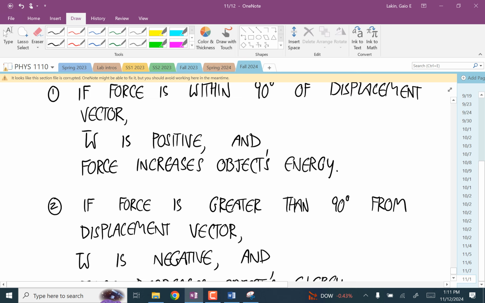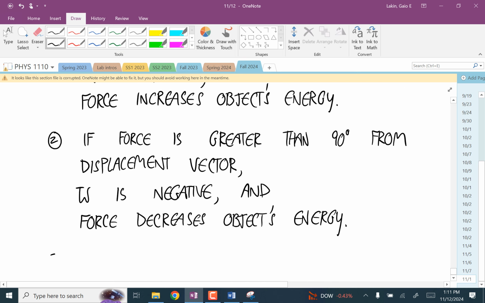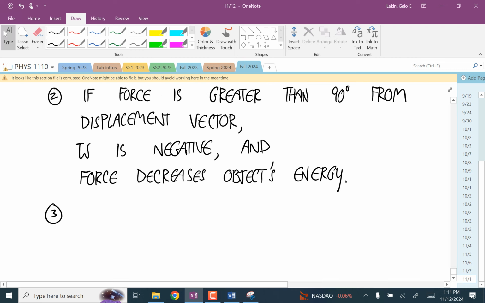Well, what would you guess happens? So the third and last one is, what would you guess happens if you apply a force that's exactly perpendicular to the displacement vector? It doesn't have any effect on the speed, and so the work is equal to 0. Okay, and it doesn't change the object's energy.